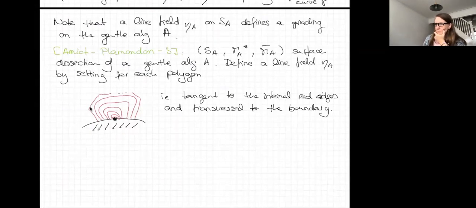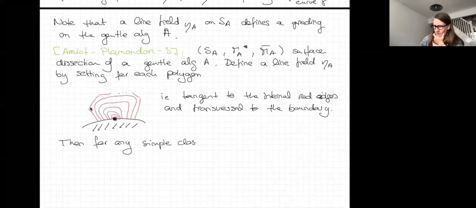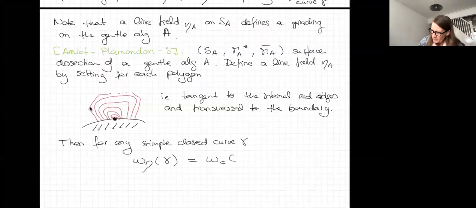Nevertheless, for this line field, we can then show that for any simple closed curve gamma, the winding number of the line field is equal to this combinatorial winding number, which we have gotten from the geometric model.